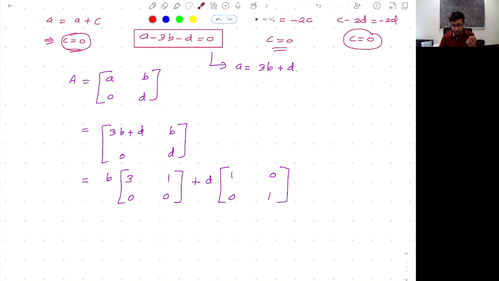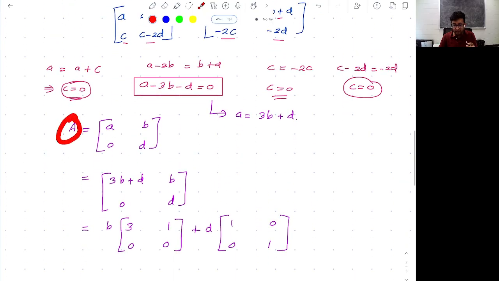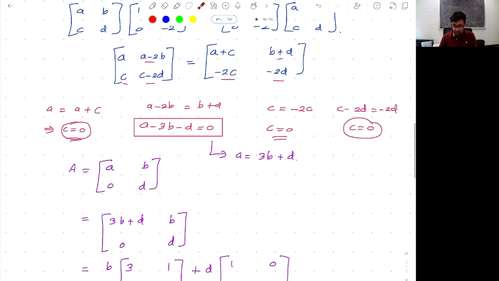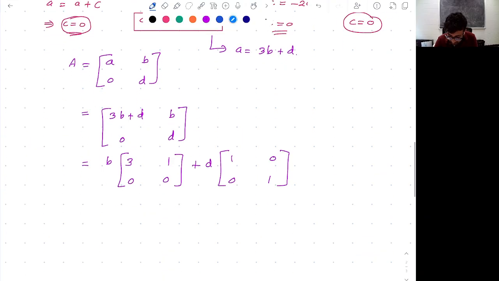Similarly, you cannot construct first matrix by using the second matrix because of this entry 1. Okay, so therefore these two matrices are linearly independent. Okay, and any matrix A in this subspace U can be written in this form. B and D can be any two real numbers.